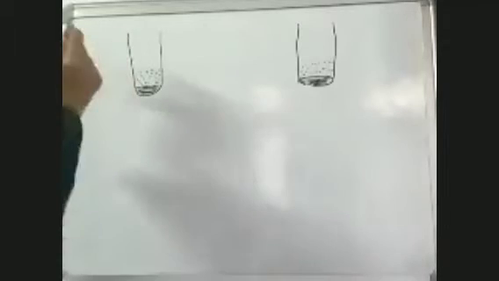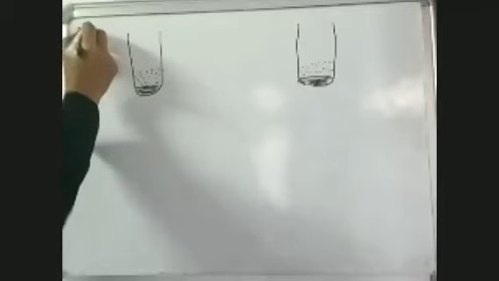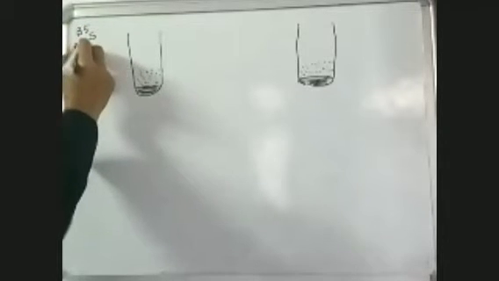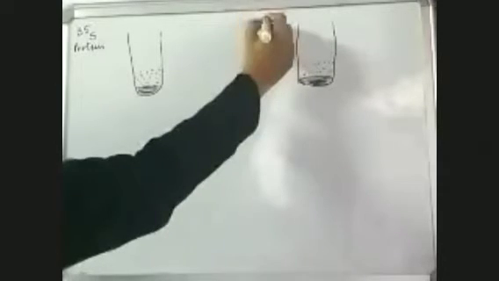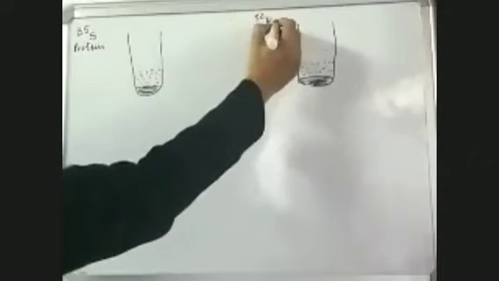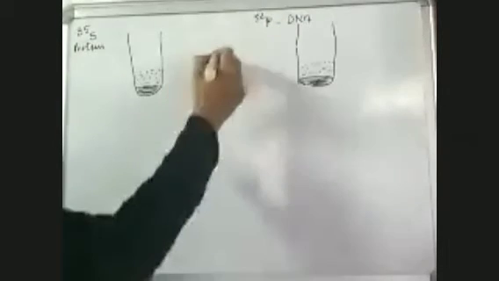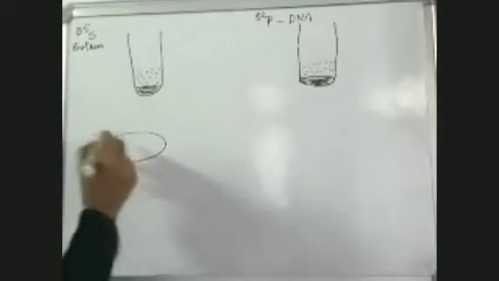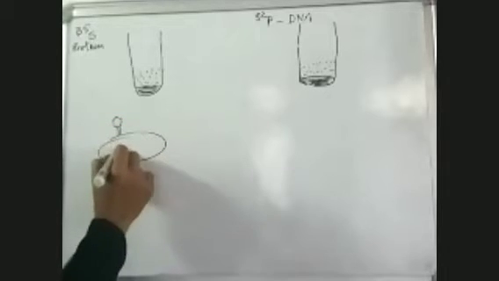So in the first case, as I told you, the S35 labeling was done, which was in the protein part, the cover of the bacteriophage, whereas in the second one, P32 labeling was done, which was in the DNA part of this bacteriophage. And when a bacteriophage infects a bacteria, the DNA goes in.